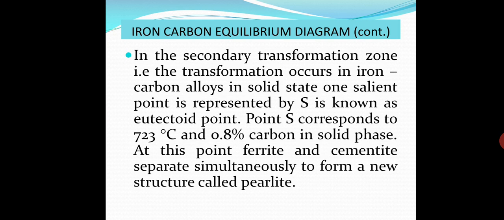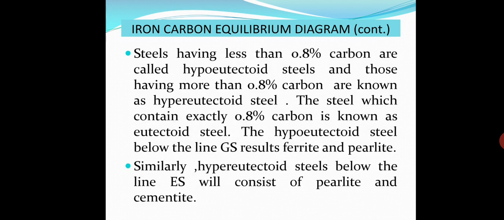And in the secondary transformation zone, that is the transformation that occurs in iron carbon alloy in solid state, the salient point is S, that is the eutectoid point, 723 degrees centigrade and 0.8% carbon. So at this eutectoid point, the result is pearlite. Ferrite and cementite separate simultaneously to form a new structure called pearlite.